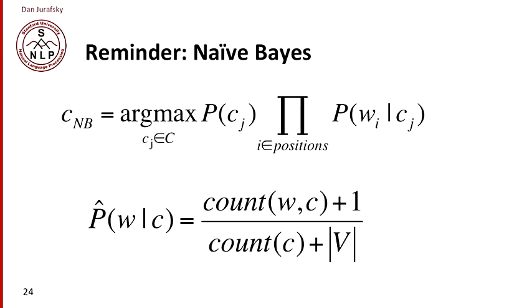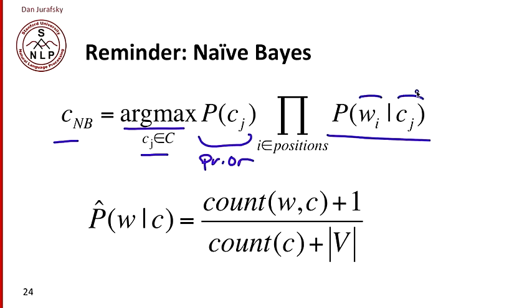To remind ourselves about naive Bayes, the most likely class, according to naive Bayes, is that class out of all classes which maximizes the product of two probabilities: the prior, the probability of the class, and the product over all positions in the document of the likelihood of the word in that document given the class.